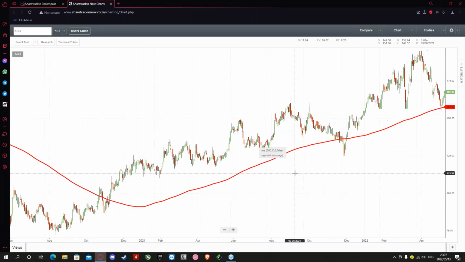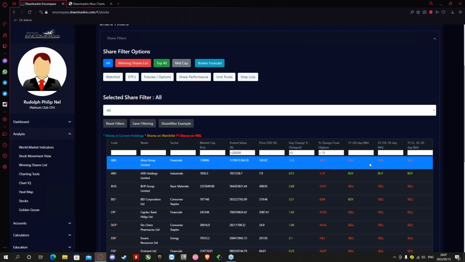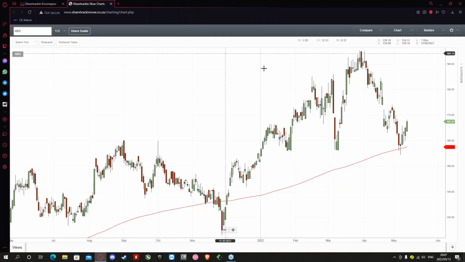We can see that ABG Absa Group is currently below this line, so this one is giving us a sell. It looks like we'd actually be able to buy, but we'll explain with the RSI and the stochastic later on how you're going to implement this to see if it's a real buy or not. But this, I think, is a really good start to buy a share, on Absa, because it's starting to turn around.